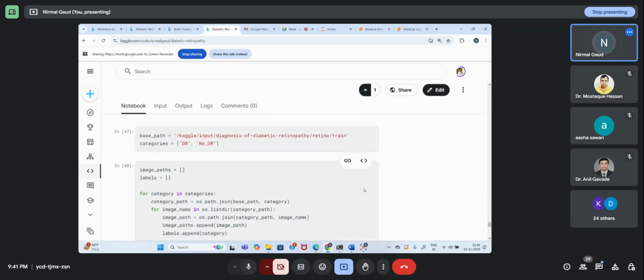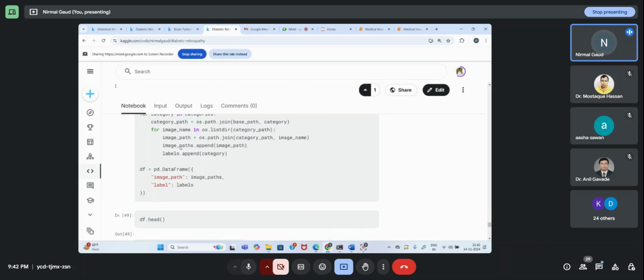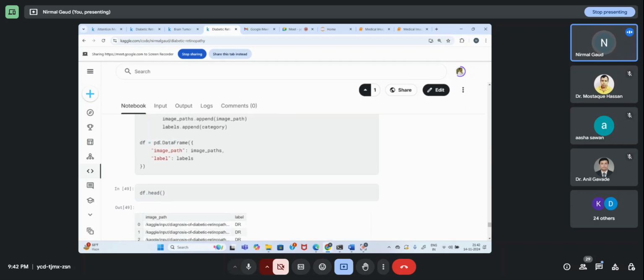Now the approach which I follow in each and every code is all the same, so I simplified it. This is the base path where images are present. These are the categories. I converted it to a data frame. I already taught this.